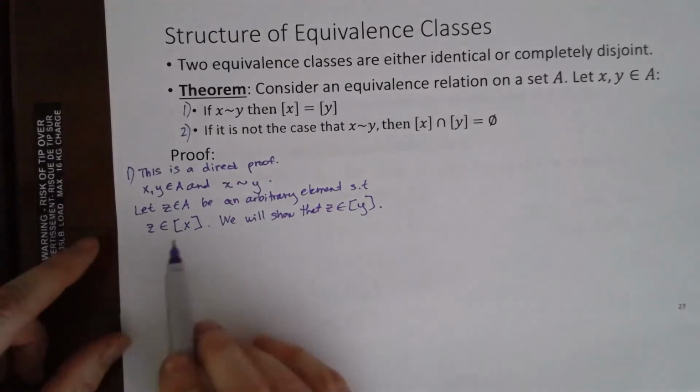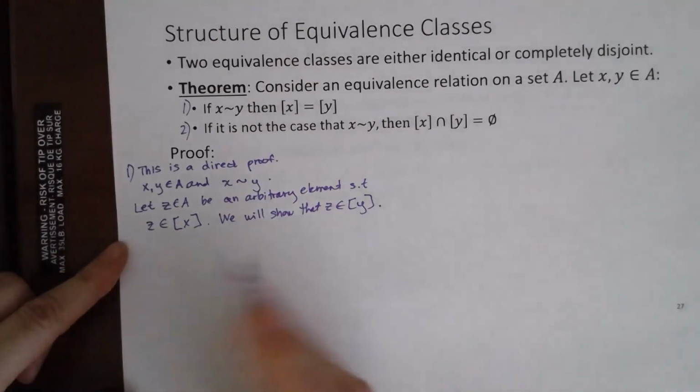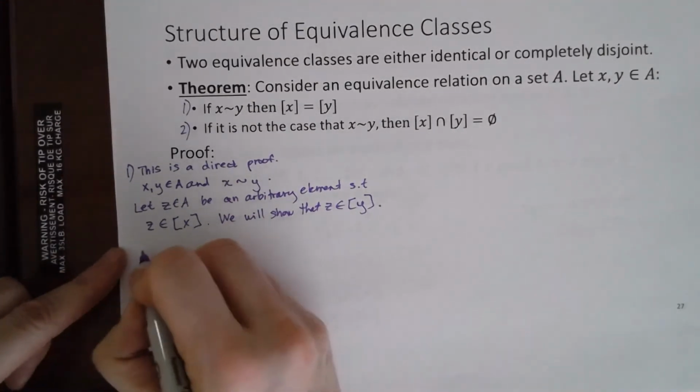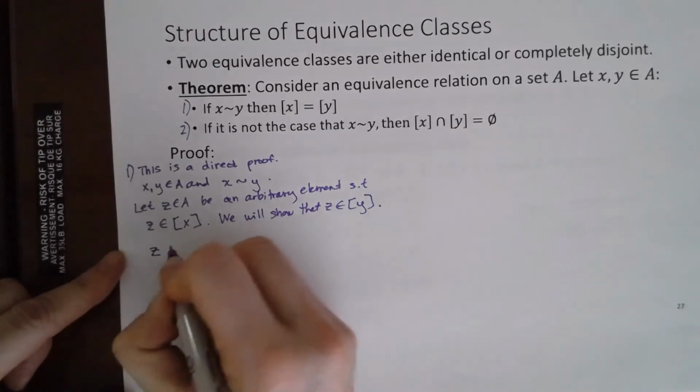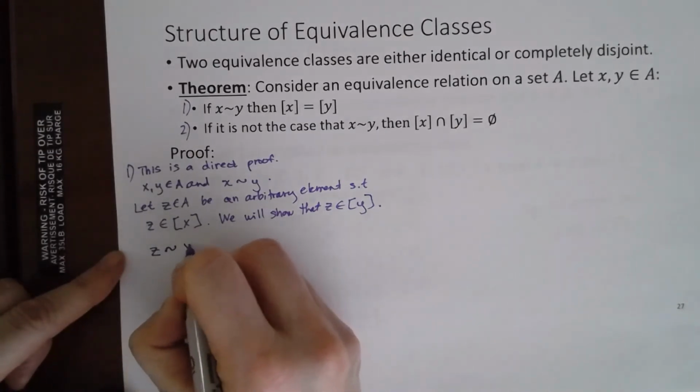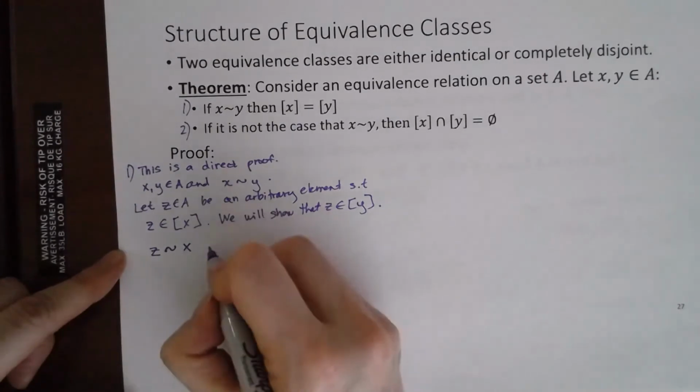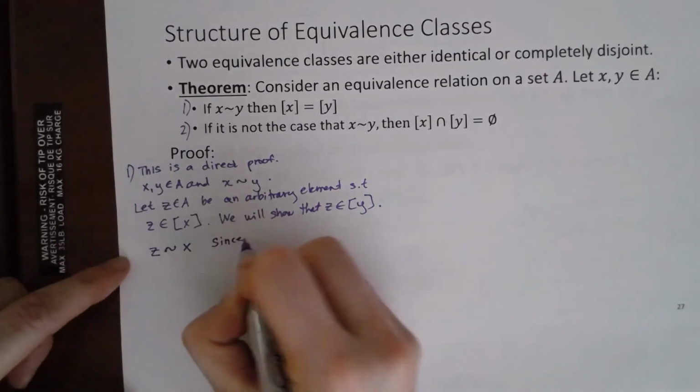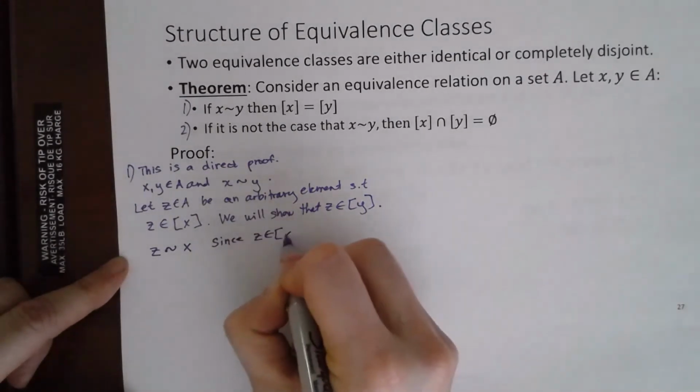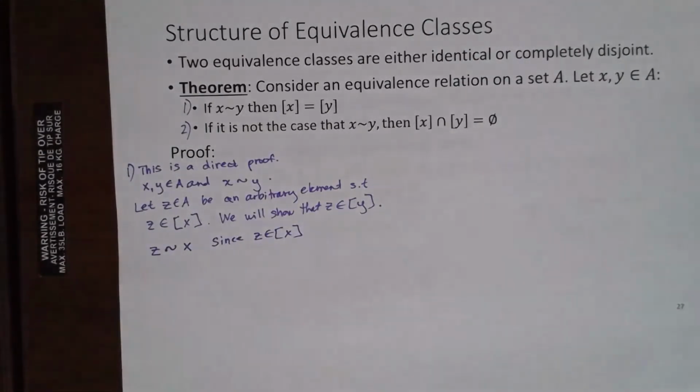Okay, so if Z is in the class of X, that means that Z is related to X, since it's in that set. The only way it gets to be in that set is if it's related to X. So we have that.